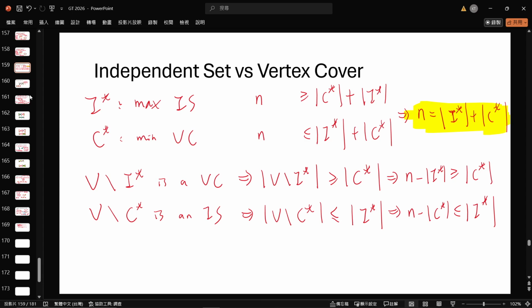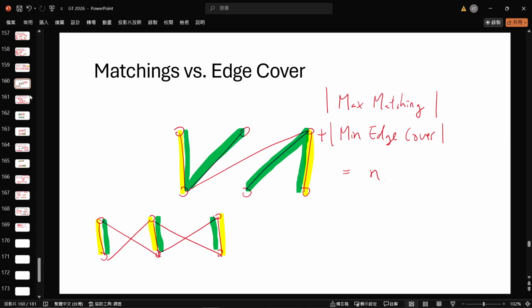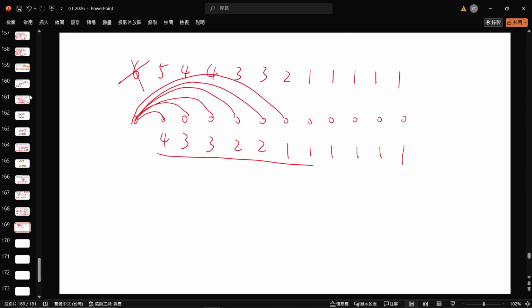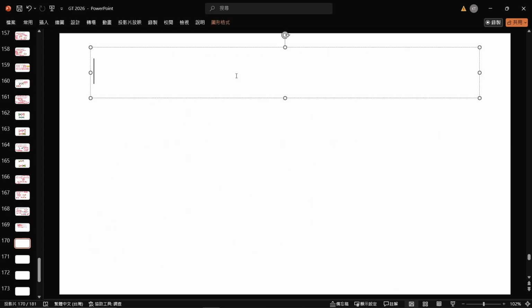And if it's a minimization problem like vertex cover, we want to pick as few vertices as possible. So in this case, for a minimization problem, we want to find a lower bound. Okay, so let's begin with an example.